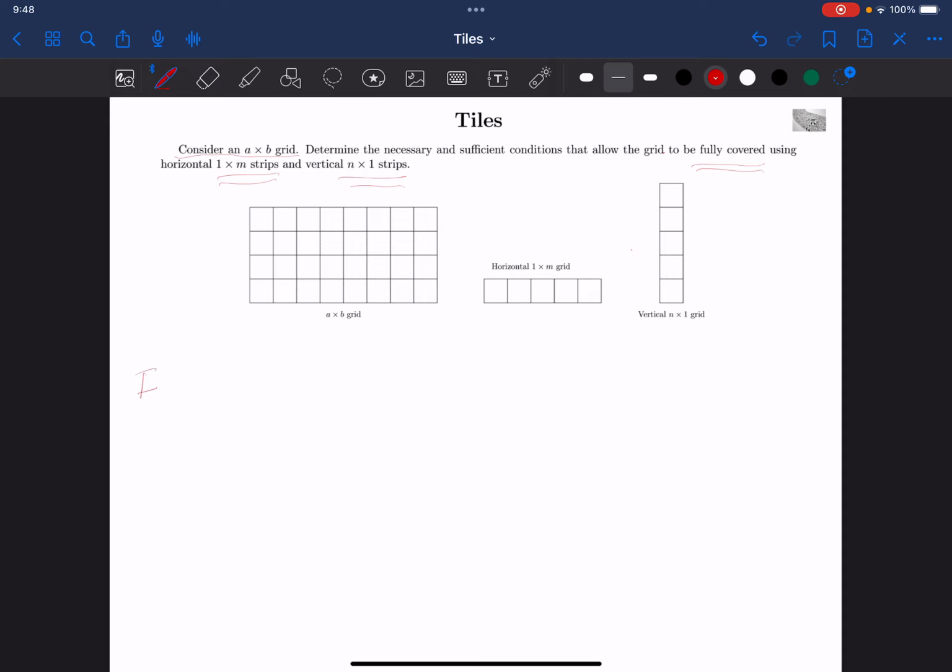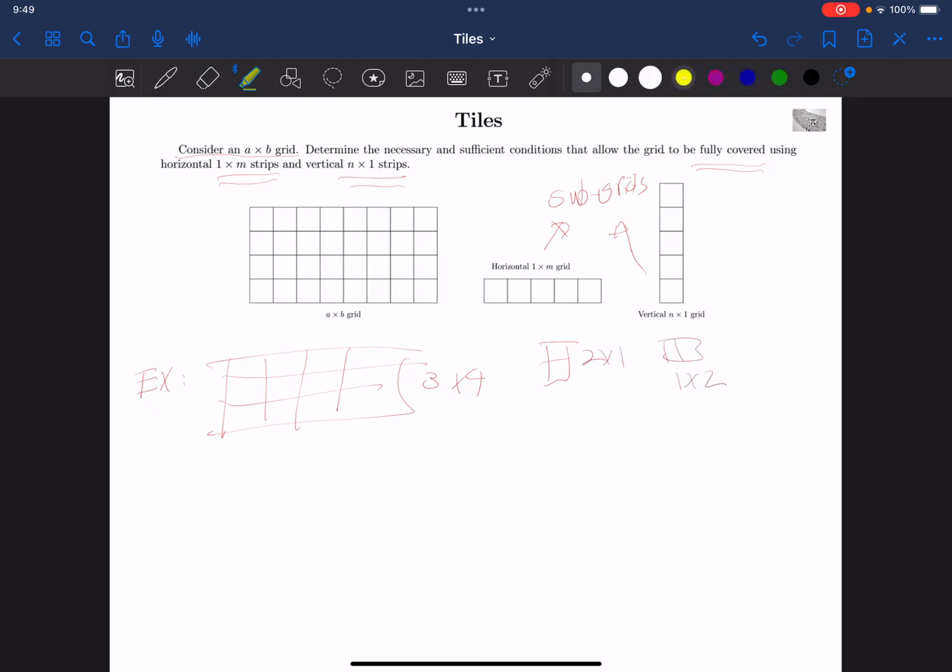Just to give an example here, consider a 3 by 4 grid, and suppose that we are given 2 by 1 and 1 by 2 subgrids.